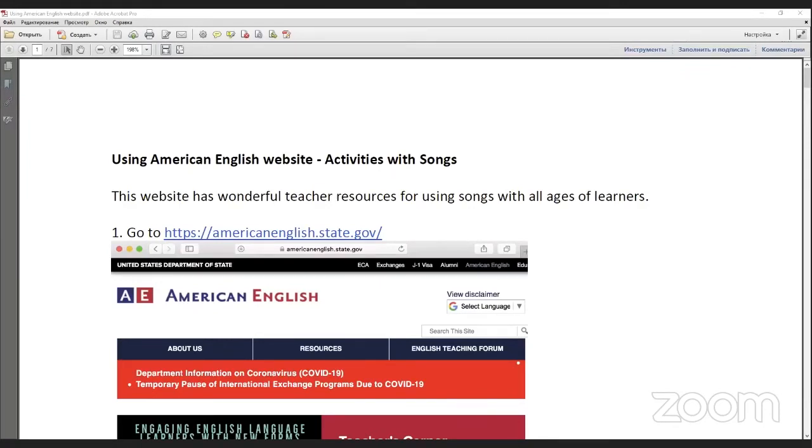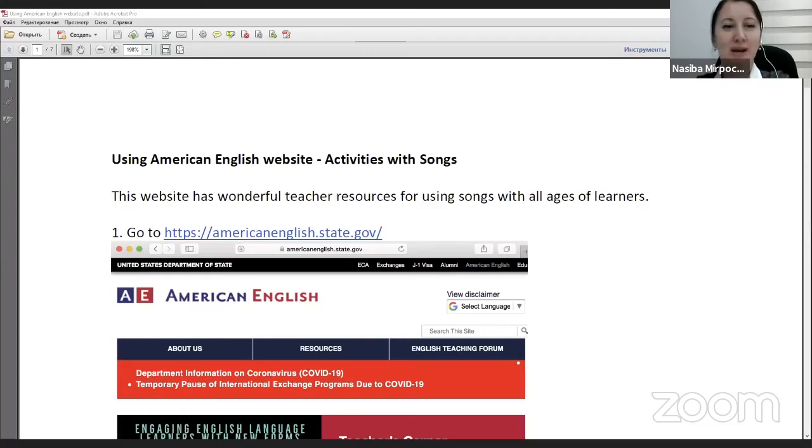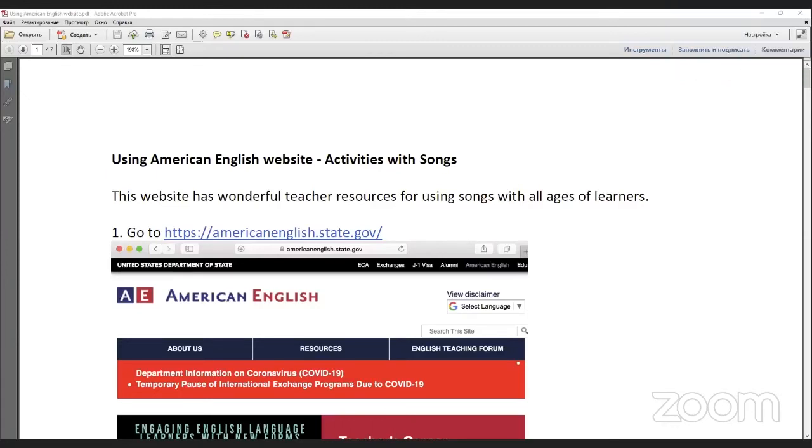There are pre-made resources already, pre-made lesson plans. So the teachers can just adapt those templates and also use some resources available there. Yes, there are many resources they can find on the US Department of State site. It's already ready-made, so you don't need to work a lot.